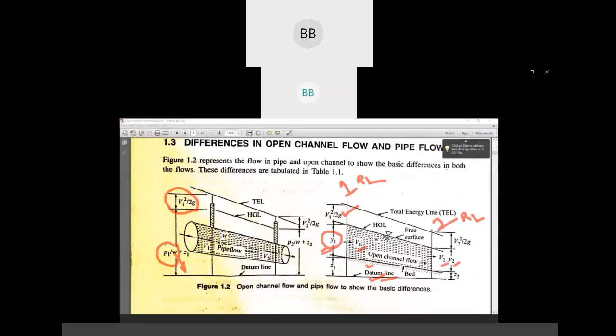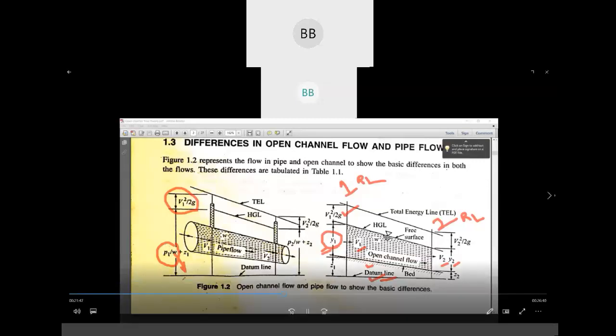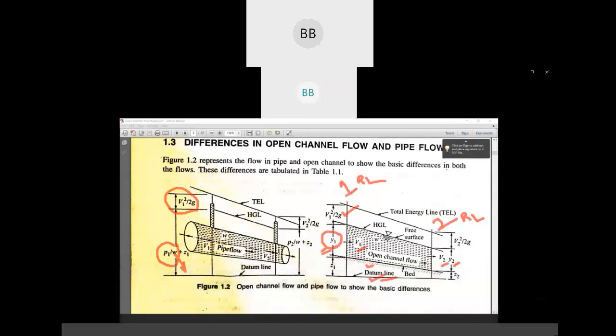So in pipe flow, we have P by w, that is rho into g, density multiplied by acceleration due to gravity, or specific weight. So you can write also P by rho g. It's up to you. Or you can write small w, that is specific weight.